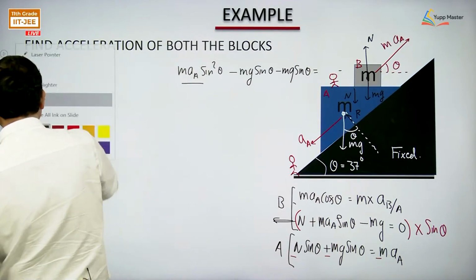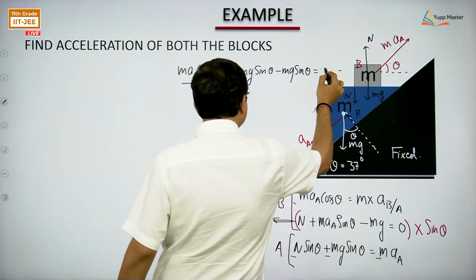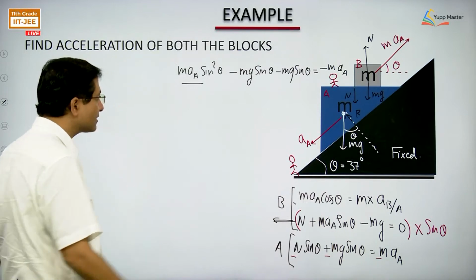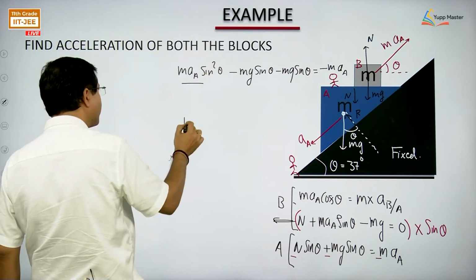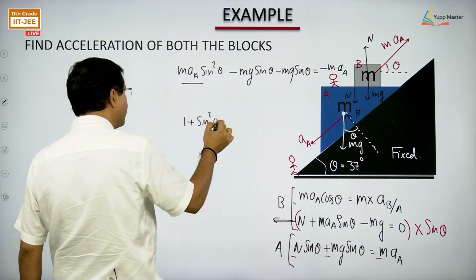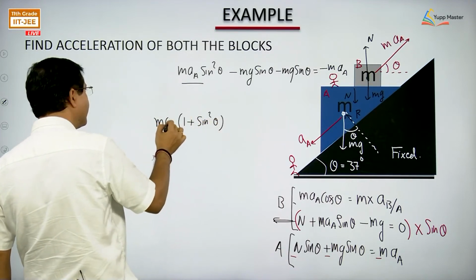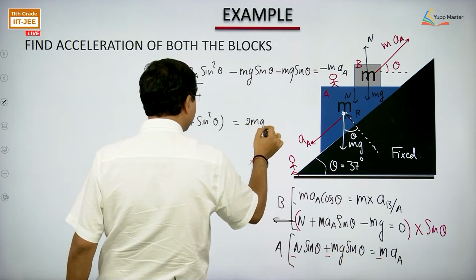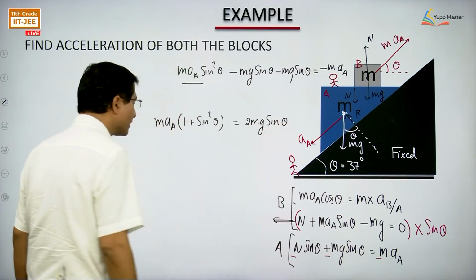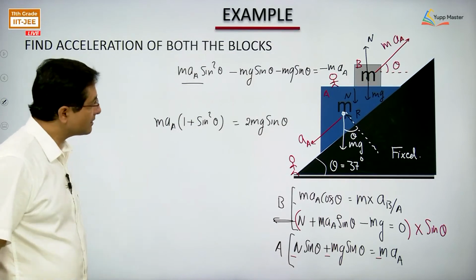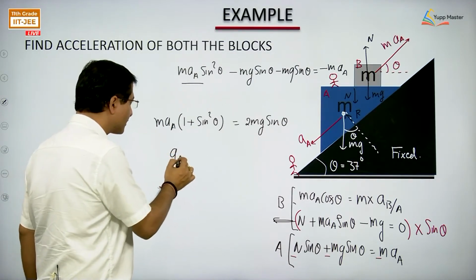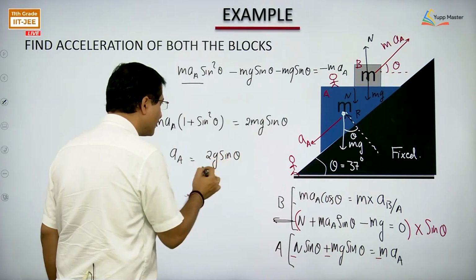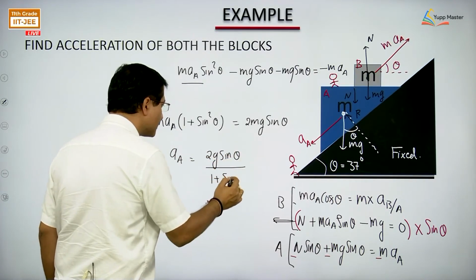Let's write this with a minus sign, minus m a. Taking this term to this side, I can see 1 plus sin square theta times m a_A, and these two terms on the other side, that is 2 mg sin theta. m will get cancelled out and we have the acceleration of A with respect to ground, that is 2g sin theta divided by 1 plus sin square theta.